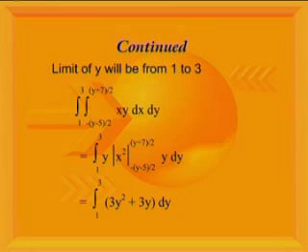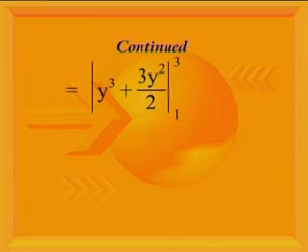3y square plus 3y. We will integrate this function with respect to y between the limit y is equal to 1 to y is equal to 3. And after integrating, we get (y cube plus 3y square)/2, and the limits are y is equal to 1 to y is equal to 3.